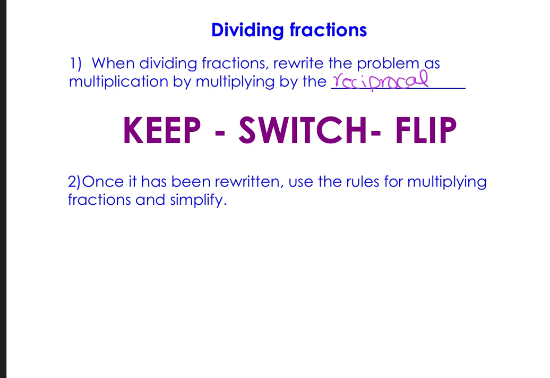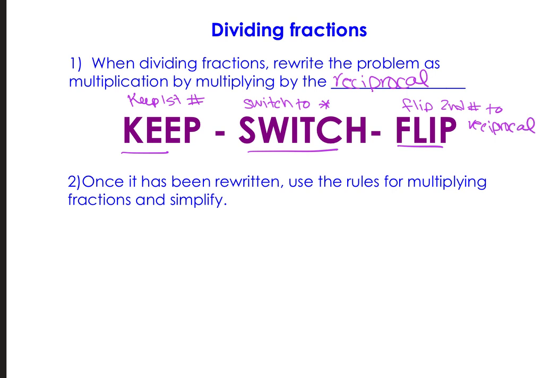And I like to call this keep, switch, flip, because essentially we're going to keep the first number and not change it at all, we're going to switch it to a multiplication problem instead, and then we're going to flip the second number to its reciprocal. And if we do that, we can essentially take anything that is division and turn it into multiplication.